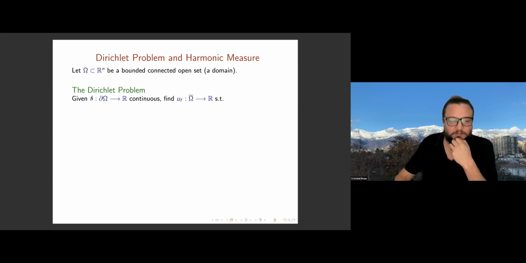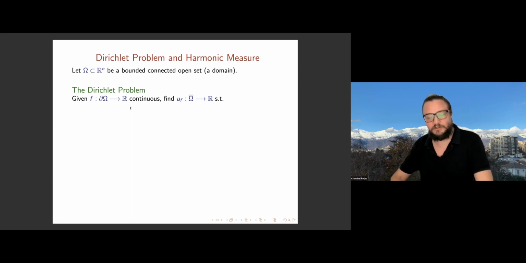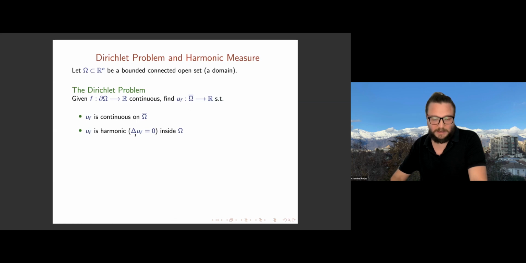And the problem consists of, we're given a function defined on the boundary of the set that determines the boundary condition, which must be continuous, and we have to find a function u_f, which is defined on the closure of our domain, which is continuous on this closure, harmonic inside the domain. So this means that the Laplacian of the function is 0. And it must equal the boundary condition at the boundary.